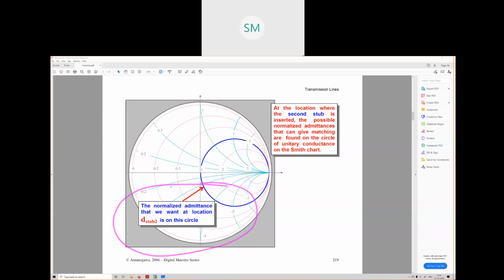So any point on this circle will have an admittance of 1 plus jB1, or 1 plus jB2, or 1 minus jB3, in this form, right? Any point on the blue circle will have its admittance in the form of either 1 plus jB or 1 minus jB. Is it right?